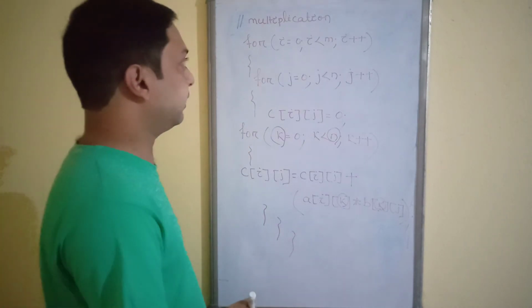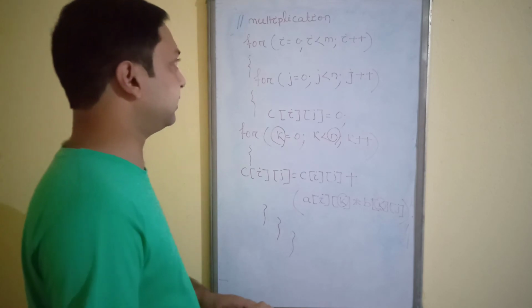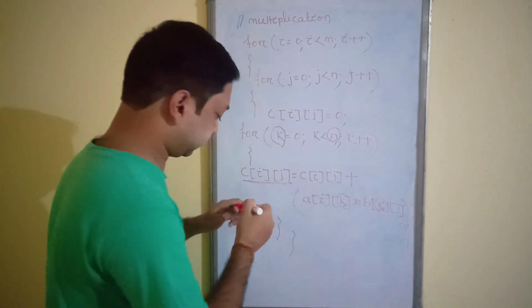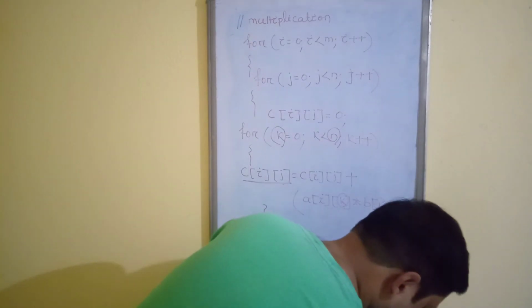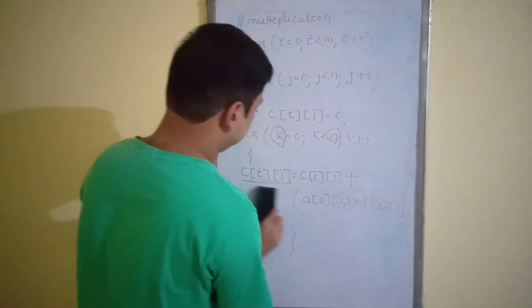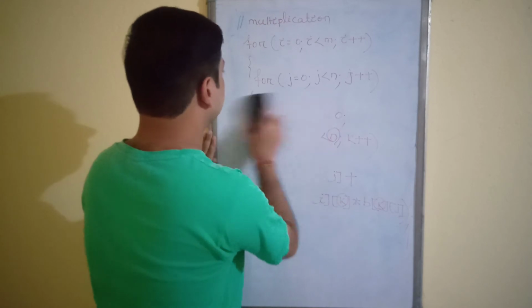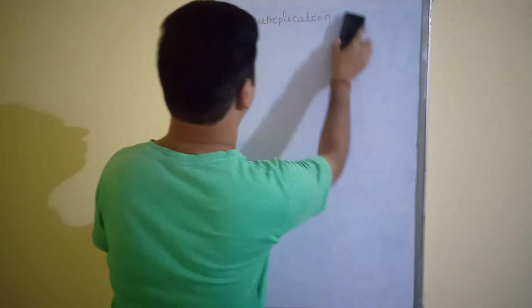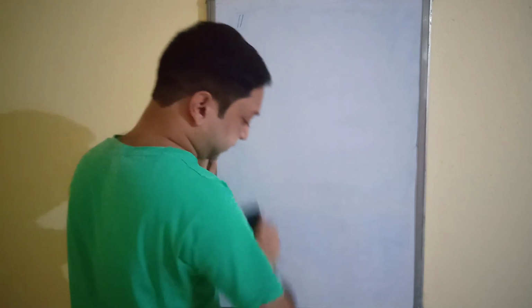So now let us move to the last step, to display the result, and the result is always stored in your third matrix. Display of resultant matrix.